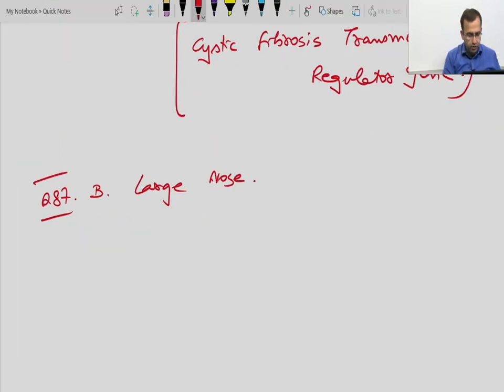So before we go further, let us see Fragile X syndrome in detail. First point, Fragile X syndrome.